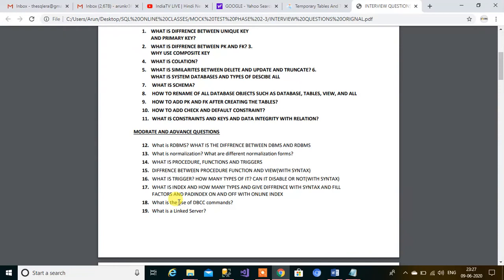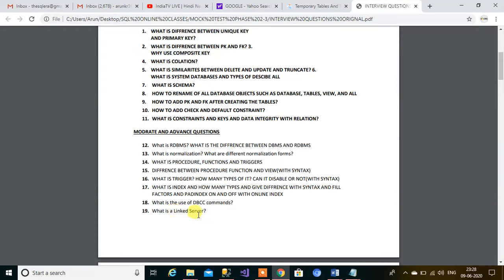File allocations and so on. Whenever you are creating indexes, index pages and databases are created, and at that time you need to check DBCC. This is related to the advanced ones.